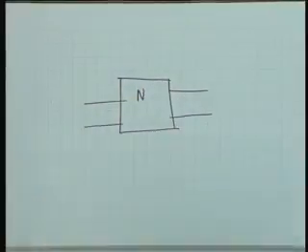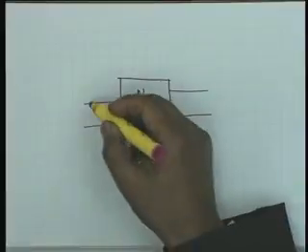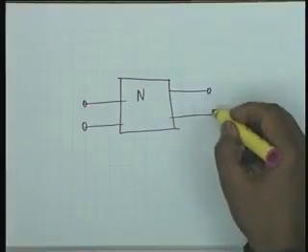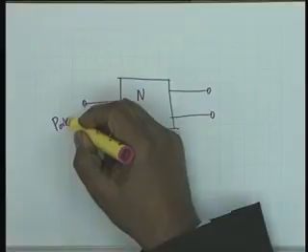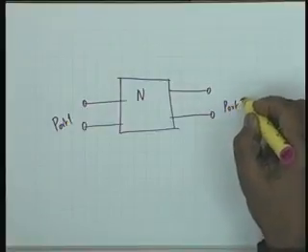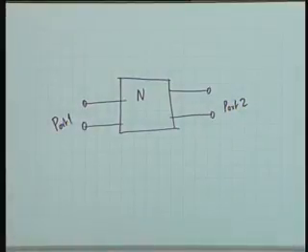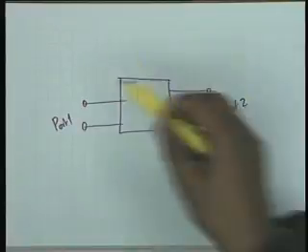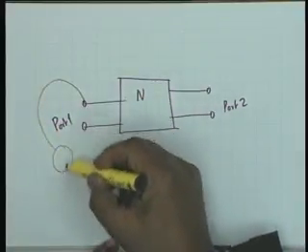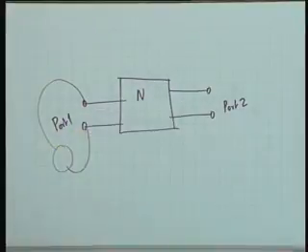In order that a network be useful, let us consider the simplest network, which is a 4 terminal network with 2 ports. This is port 1 and this is port 2. If a network is to be useful, it must have an excitation, it must have an energy source connected. It can be a voltage source or a current source, it does not matter.